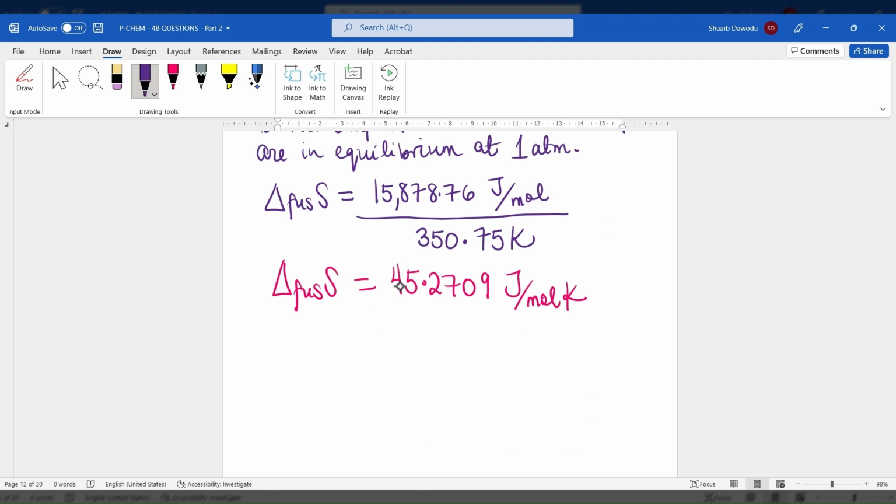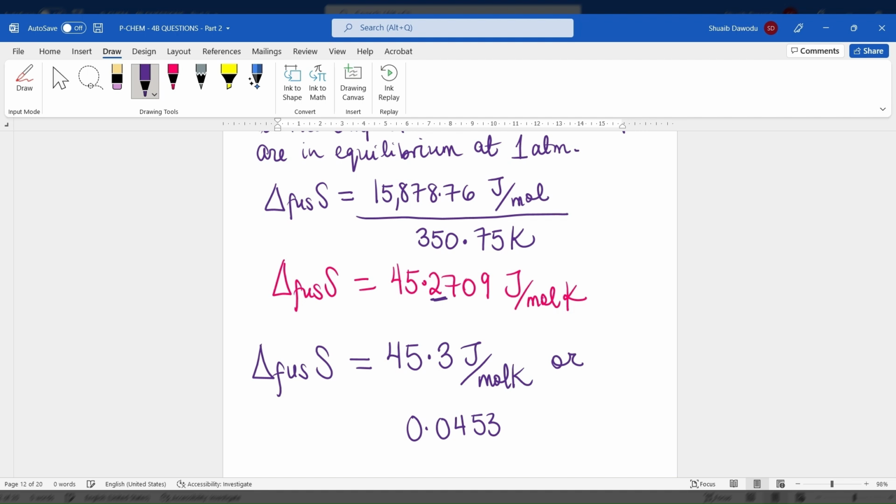So we're going to round this up to 3 sig figs. So what we end up with is change in entropy. I don't know why I keep saying enthalpy. Change in entropy of fusion becomes 45.3 joule per mole Kelvin, or 0.0453 kilojoule per mole Kelvin. So this is the answer to the entropy of fusion.